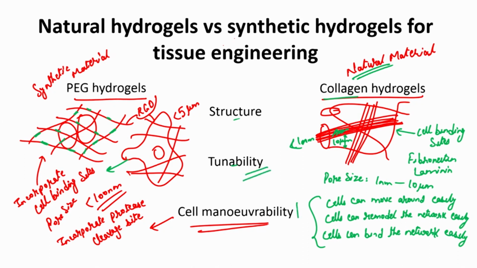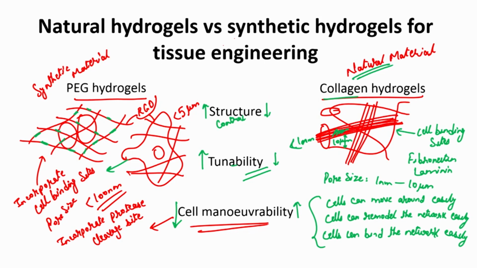So, cell maneuverability is very high in this case, but tunability is low here and high in the synthetic gel, and control over the structure is high in the synthetic gel and lower here.